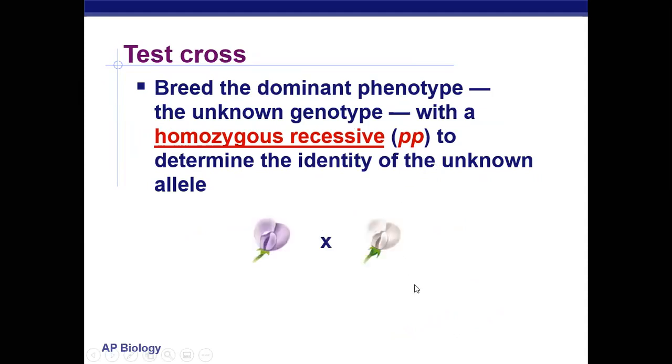And that will tell you what the hidden alleles are for the dominant flower. If the purple is big P, then you know that what you're going to get out of it is 100% purple. If it's big P, little p, well, the ratio changes.